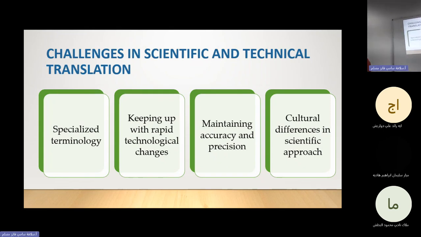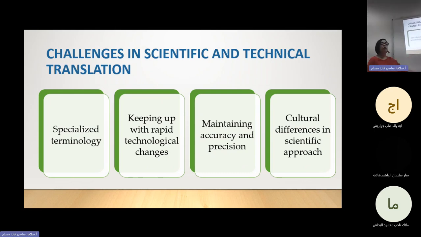The first challenge is that these terms are specialized, right? So I, as a translator, need to have a massive pool of knowledge in these terminologies. Okay?